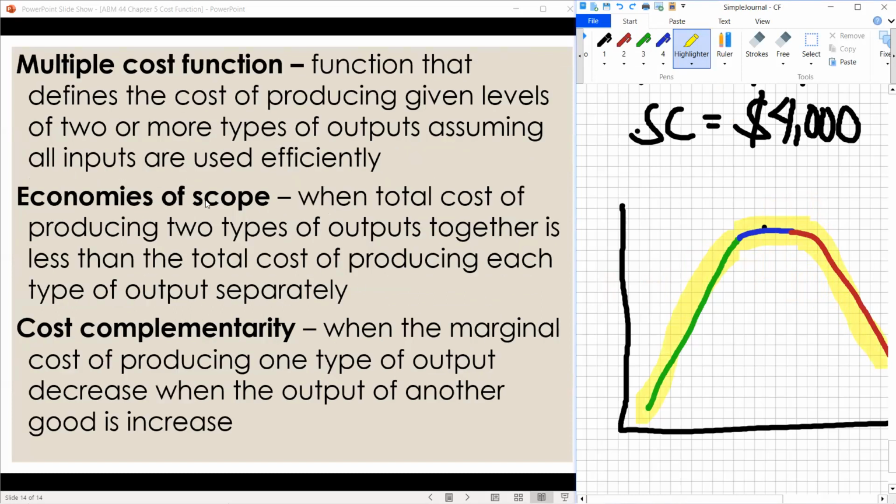So we also have the multiple cost function. This is a function that defines the cost of producing given levels of two or more types of outputs, assuming all inputs are used efficiently. So it defines again the cost of producing given levels of two or more types of output.